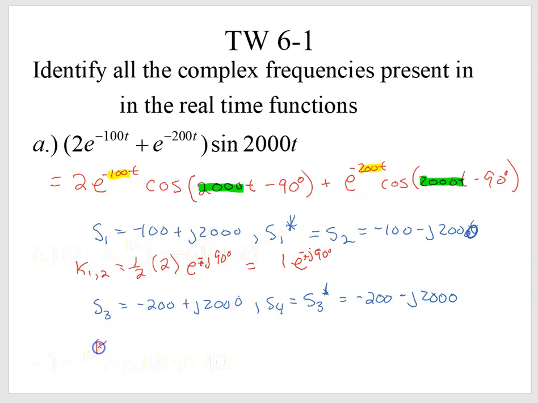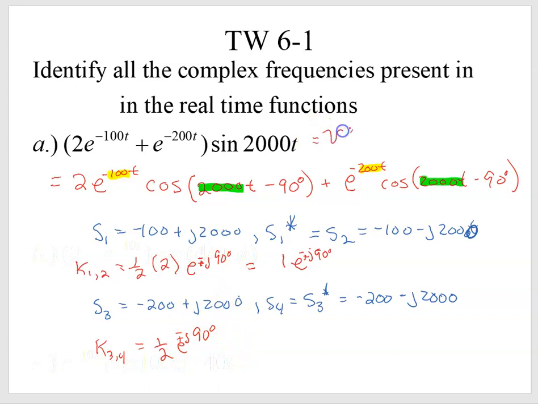And then we're going to have a K34, which, since this coefficient is a 1, is just equal to 1/2 e to the j, minus plus 90 degrees.